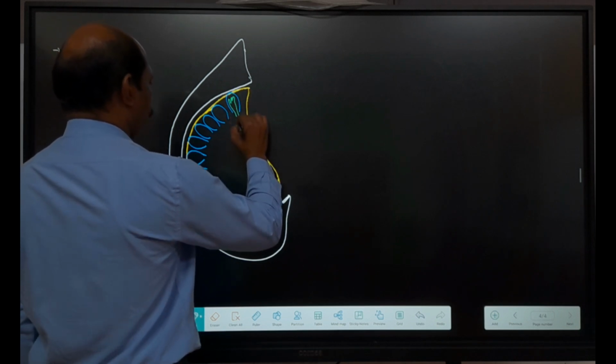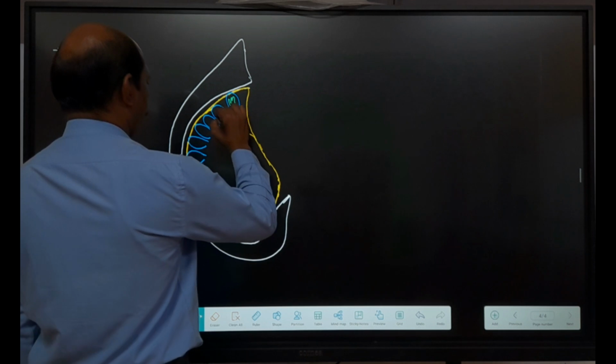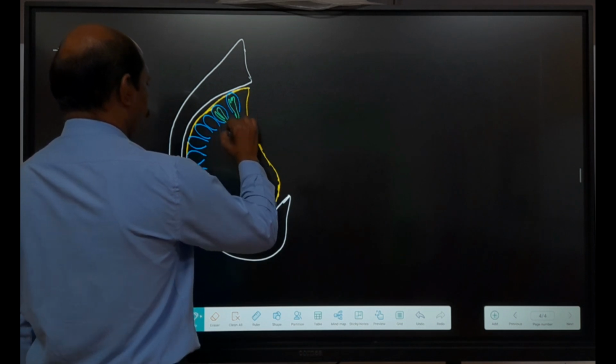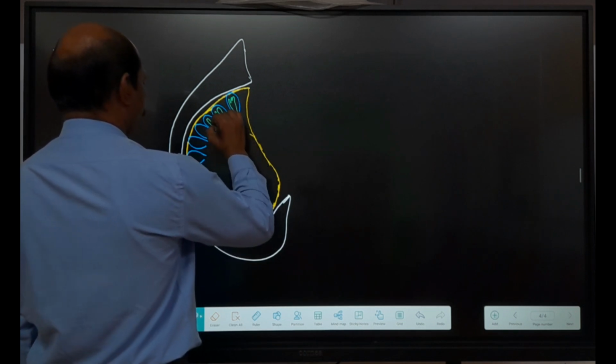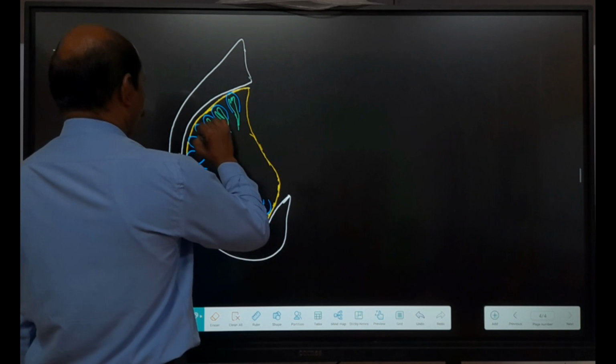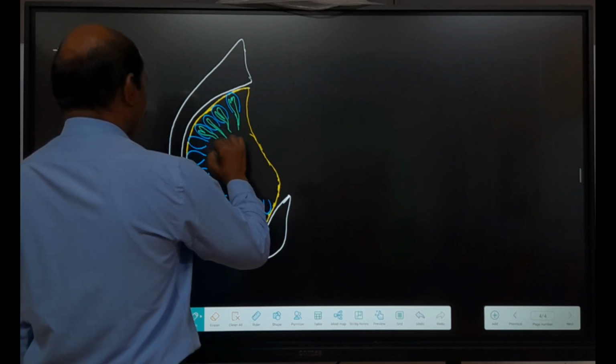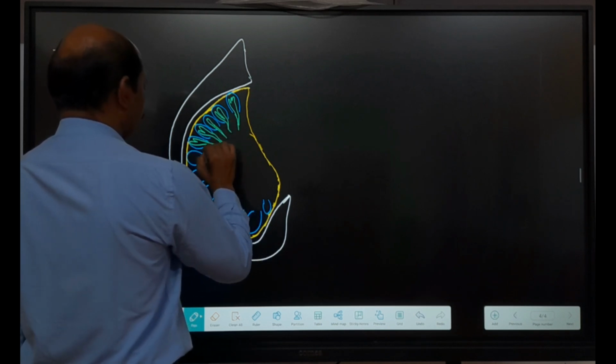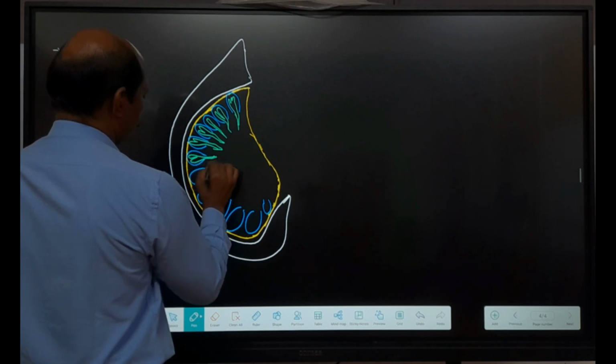I draw here 1 or 2 or 3. They form a single one. 1, 2, this also 1, only 1 is given here, 1, 2, maybe 1, 2, 3, we can say they are seminiferous tubules, right?